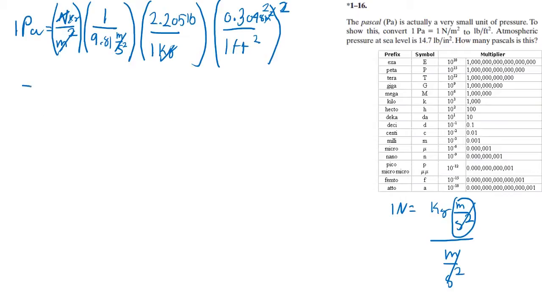And then you get your awesome, super fantastic answer. You get 20.9 times 10 to the negative third pounds per feet squared. So the way you'll probably get it is 0.0209.